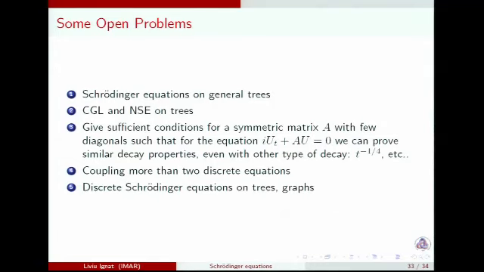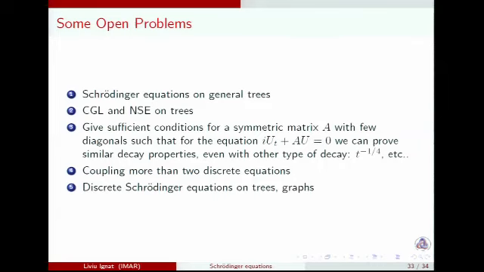Now, some things still remain open. In fact, we tried something, and maybe I'll try next month with Valeria Bănică in Paris to see if we are able to do more on the Schrödinger equation on trees. There is another problem: to approximate the nonlinear Schrödinger equation with complex Ginzburg-Landau on trees.